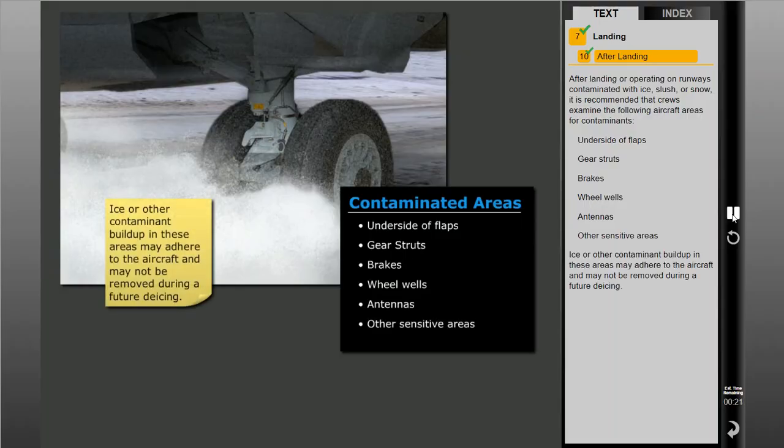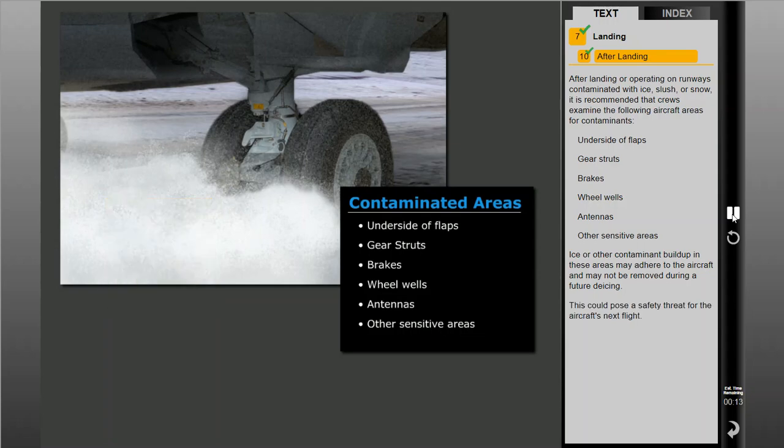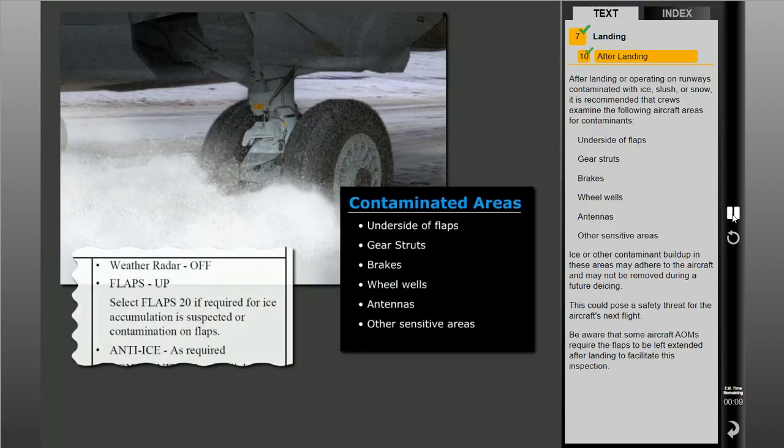Ice or other contaminant buildup in these areas may adhere to the aircraft and may not be removed during a future de-icing. This could pose a safety threat for the aircraft's next flight. Be aware that some aircraft AOMs require the flaps to be left extended after landing to facilitate this inspection.